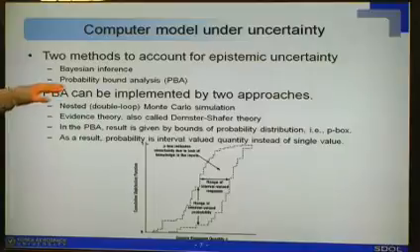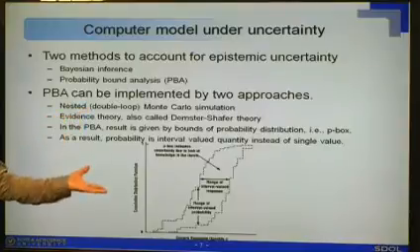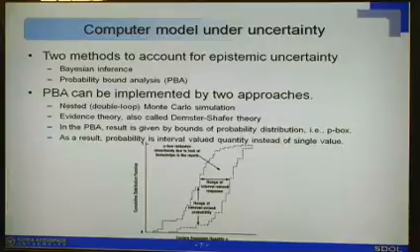His preference is probability bound analysis. And within this method, there are also two kinds of approaches. One is the nested double loop, which I already introduced in this example. And the other is so-called evidence theory, or by another name, the Dempster-Shafer theory.